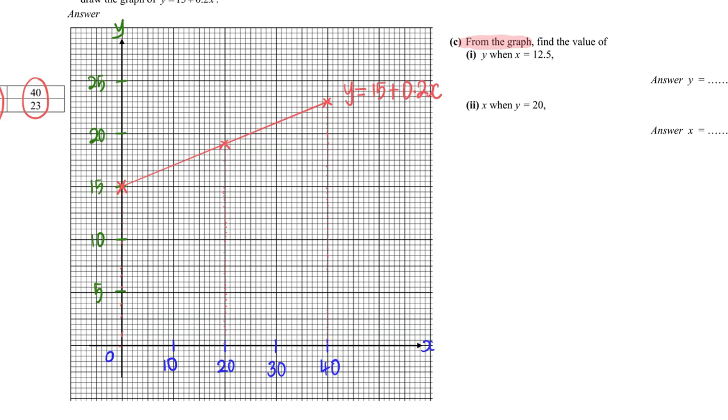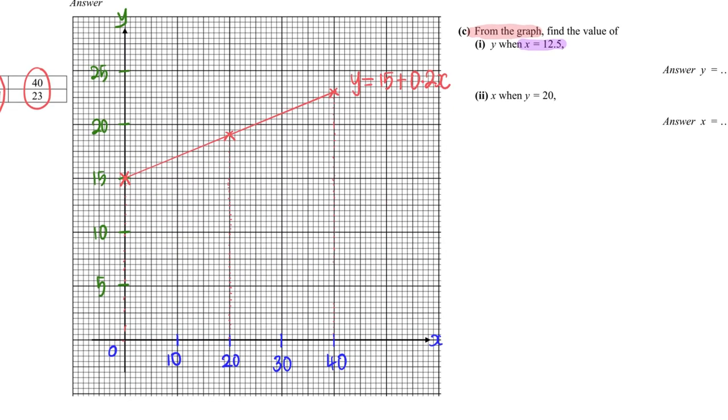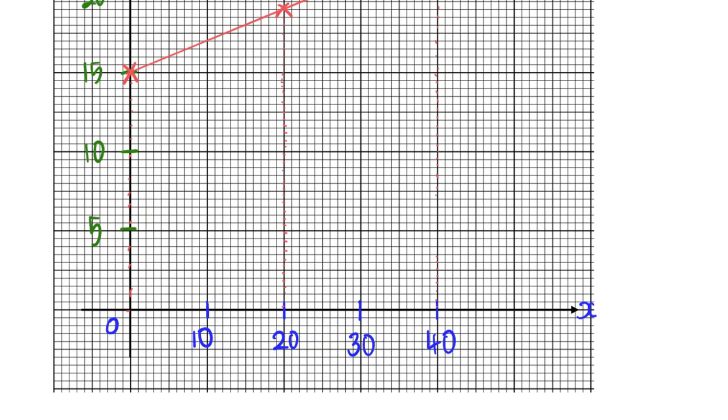So they give me x is 12.5. So I go over to the x-axis. 12.5 will be somewhere here.